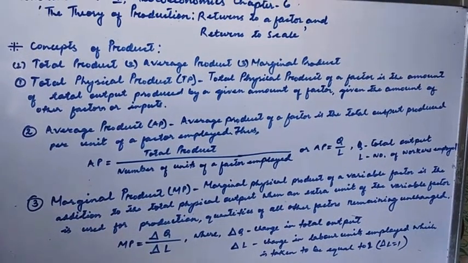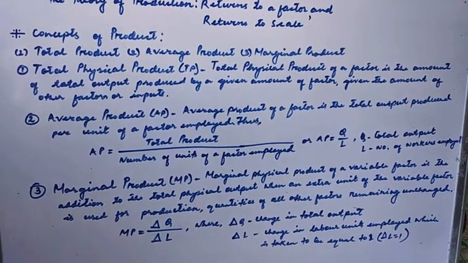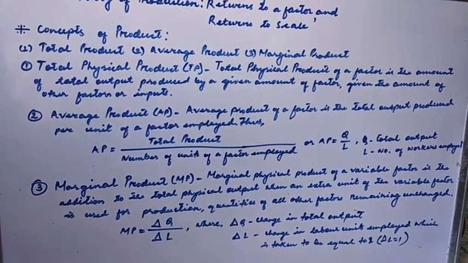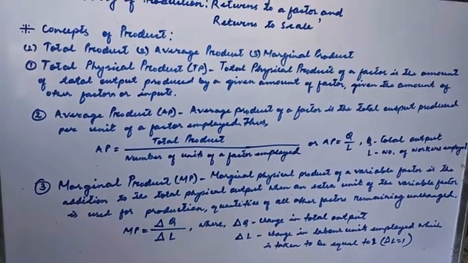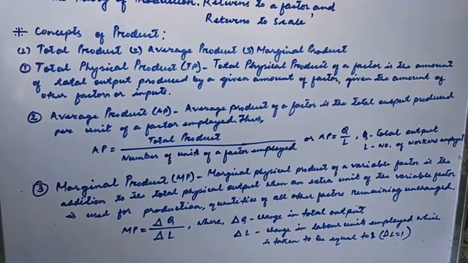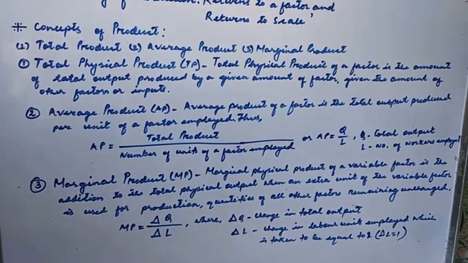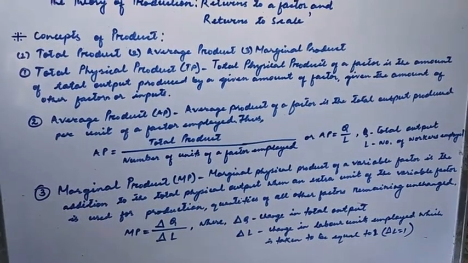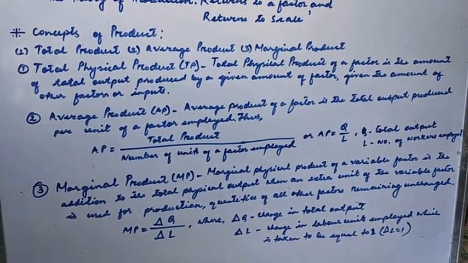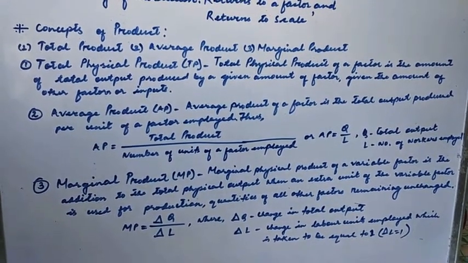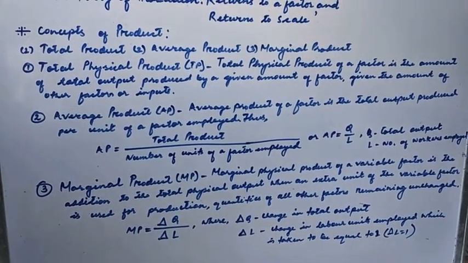But from the producer's point of view, we have to see the product, what type of product is produced, and what is the average product, what is the marginal product, and what is the total product. So in case of consumer, it is the utility that we study. In this production, which is the producer's behavior, we are discussing about the product, and there are three concepts that we have to consider here: total product, average product, and then marginal product.